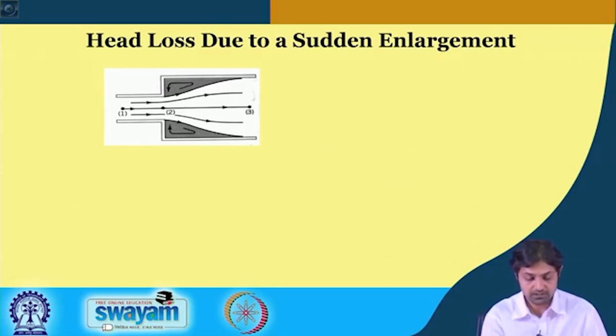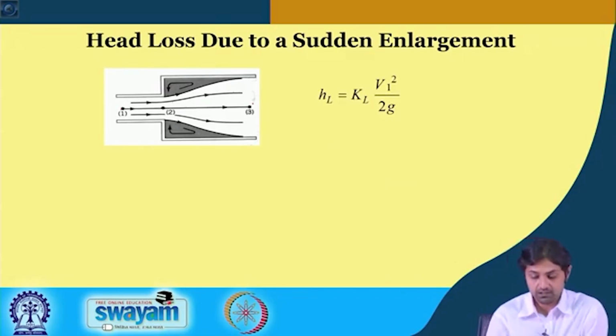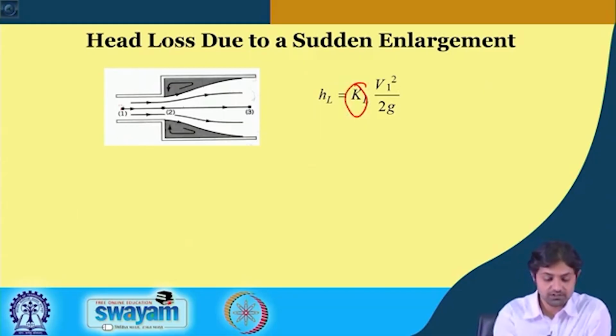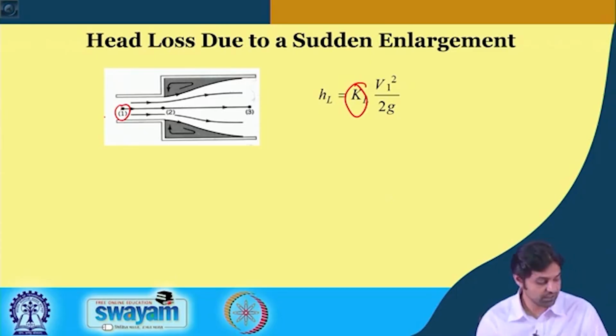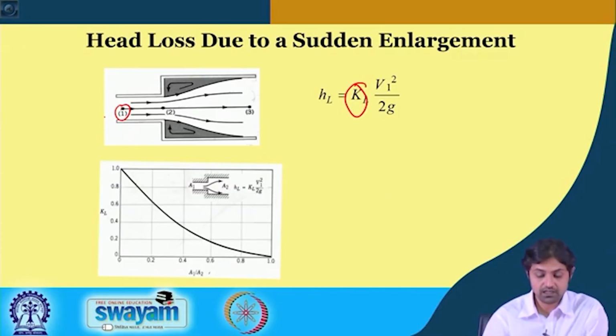So, if there is point 1 here, 2 here and 3 here, the head loss can also be referred to as KL into V1 square by 2g, where V1 is the velocity in the narrower tube, and this KL will be a function of the ratio A1 by A2, where A1 is the smaller area.